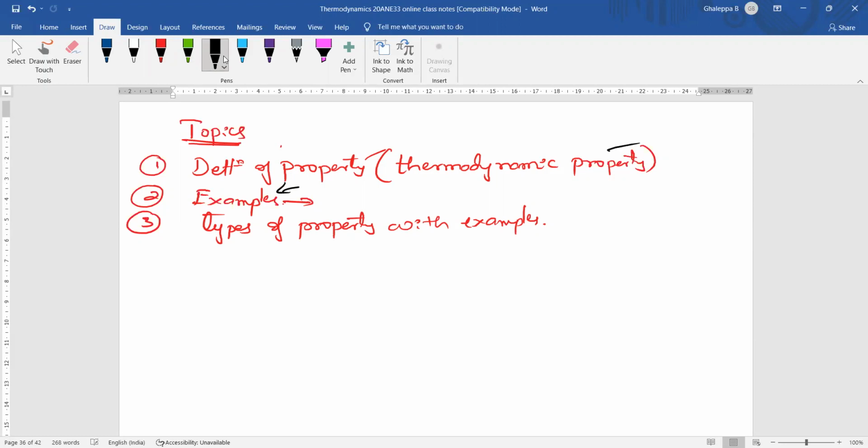First, thermodynamic property. The basic three thermodynamic properties are pressure, volume, temperature. These are the basic properties we'll be using.